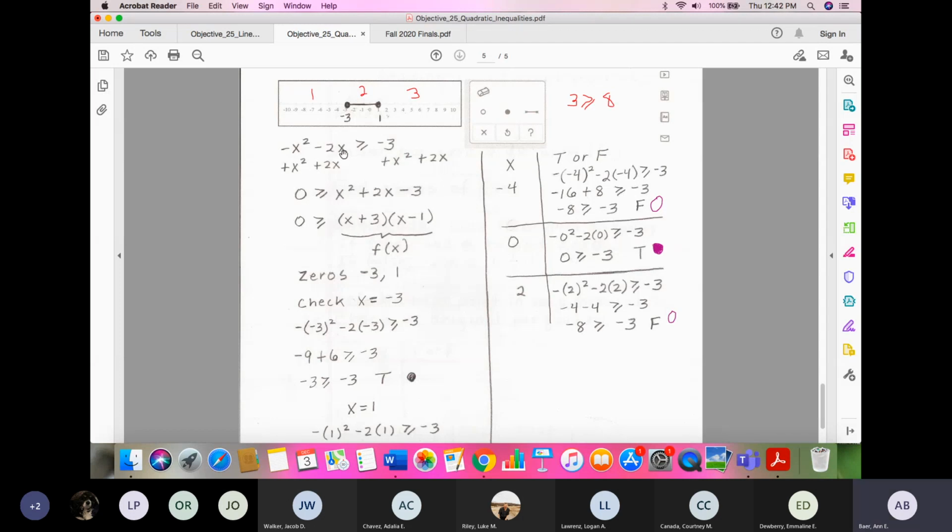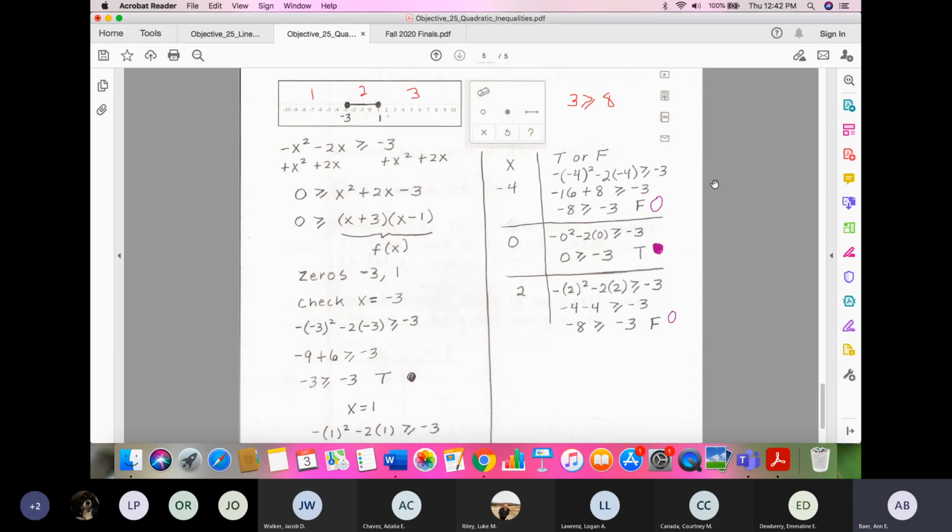And then minus 2 times, we're plugging in the test point, and that's 0, so we get minus 2 times 0 right here. And then greater than or equal to negative 3. So on this side, we have 0 for this term, 0 for that term, we just get a 0, greater than or equal to negative 3.